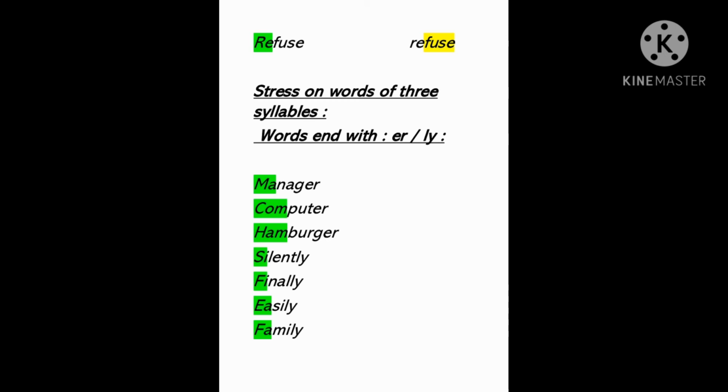Now we move to stress on words of three syllables. Here I just gave you cases, words ending with er or ly. We put stress on the first syllable for words ending in er or ly. We have manager, computer, hamburger, silently, finally, easily, family.